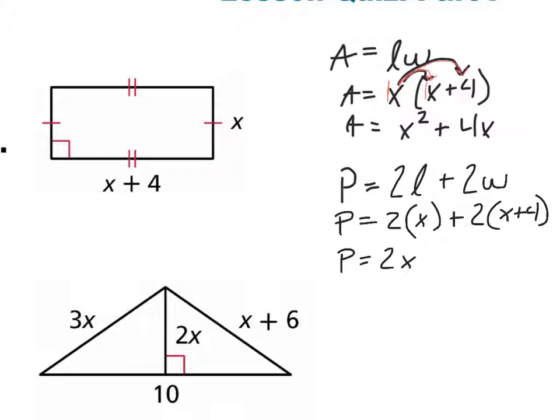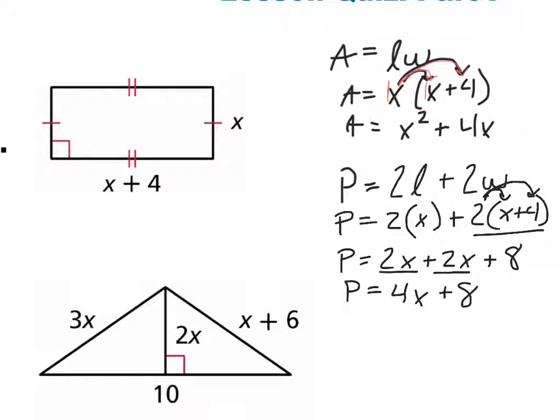So we have 2x. And then for this, we need to distribute the 2 to the x and the 4. So we would do plus 2x and plus 8. So what is 2x plus 2x? 4x plus 8. So that would be the perimeter.